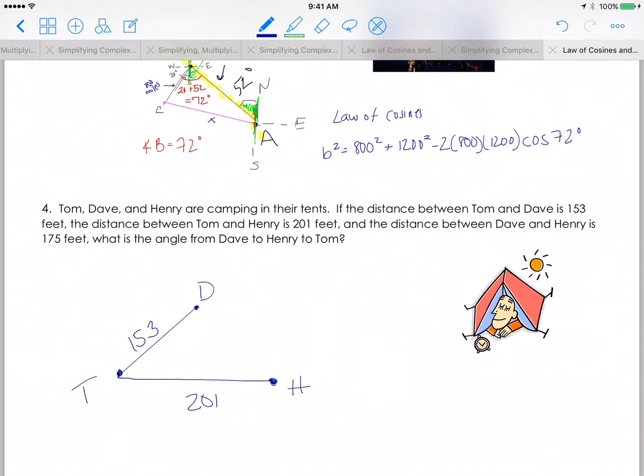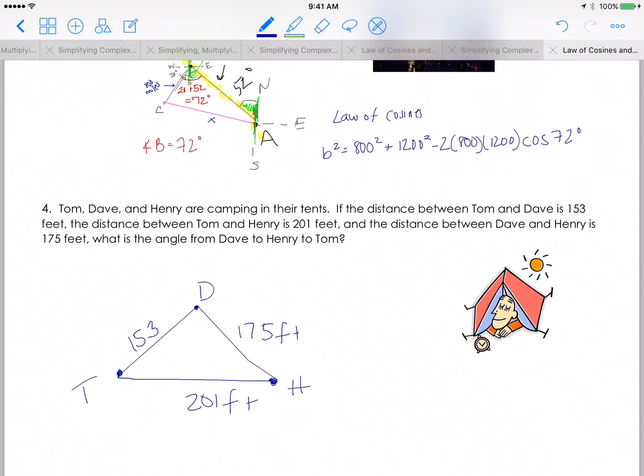So what's the distance between Dave and Henry? We need to know this distance. Oh no, it tells us this distance. Okay, it tells us this distance is 175 feet.